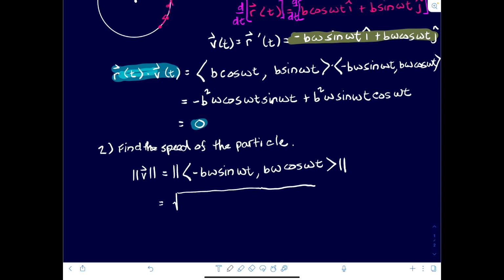So we'll get b squared omega squared sine squared omega t plus b squared omega squared cosine squared omega t.